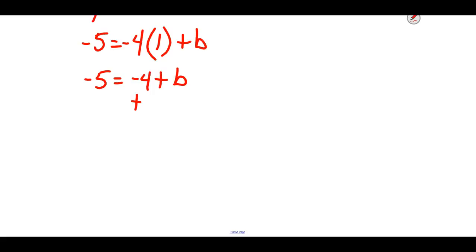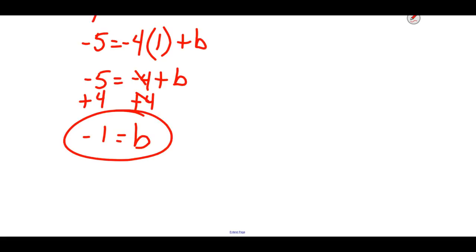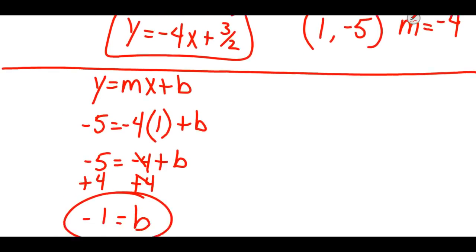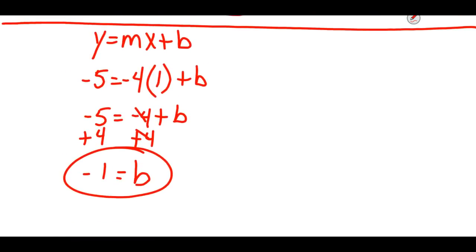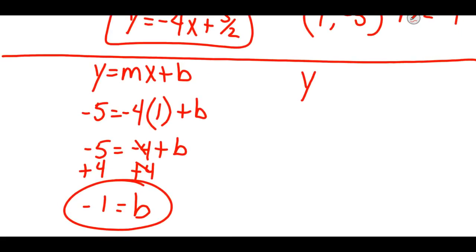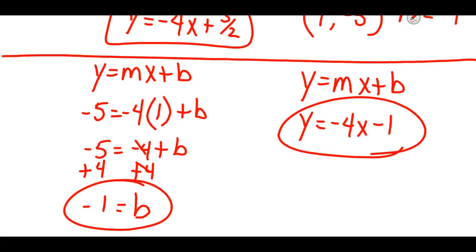I'm going to solve for b. Add my 4. b becomes negative 1. So I know what my slope is because it's the same as what it was in my original equation. I now know what my b is. So go back to round 2. I'm going to go back to this, but I'm going to just put in what I know for slope and now what I found for my b, and there's my answer.